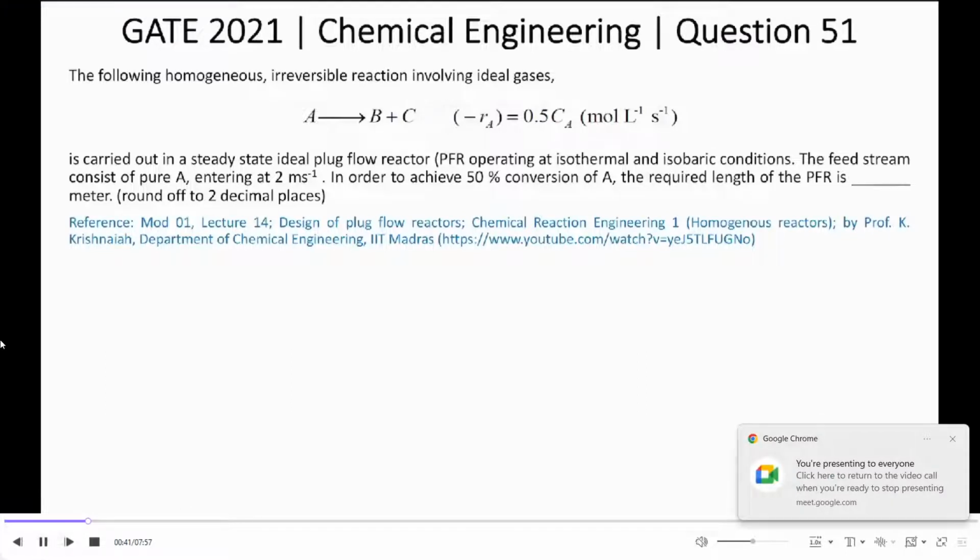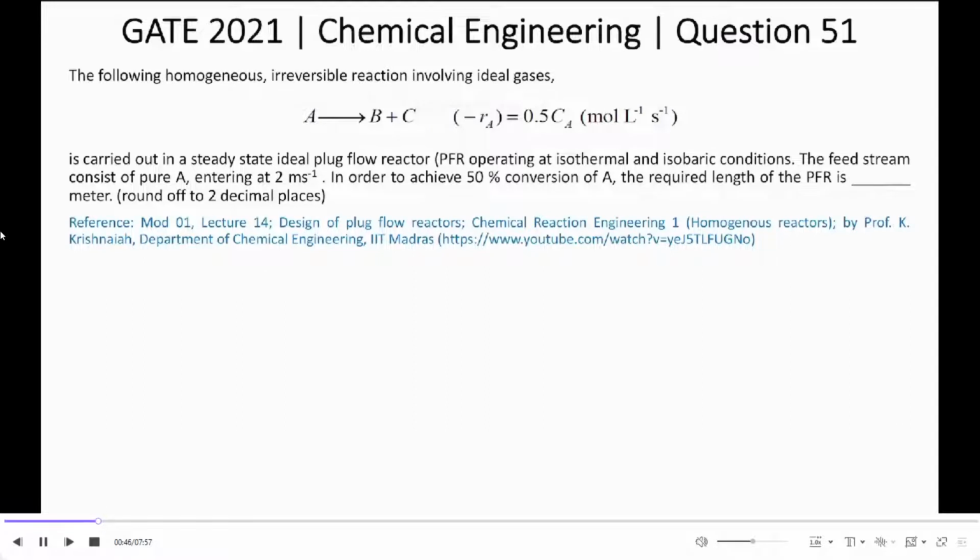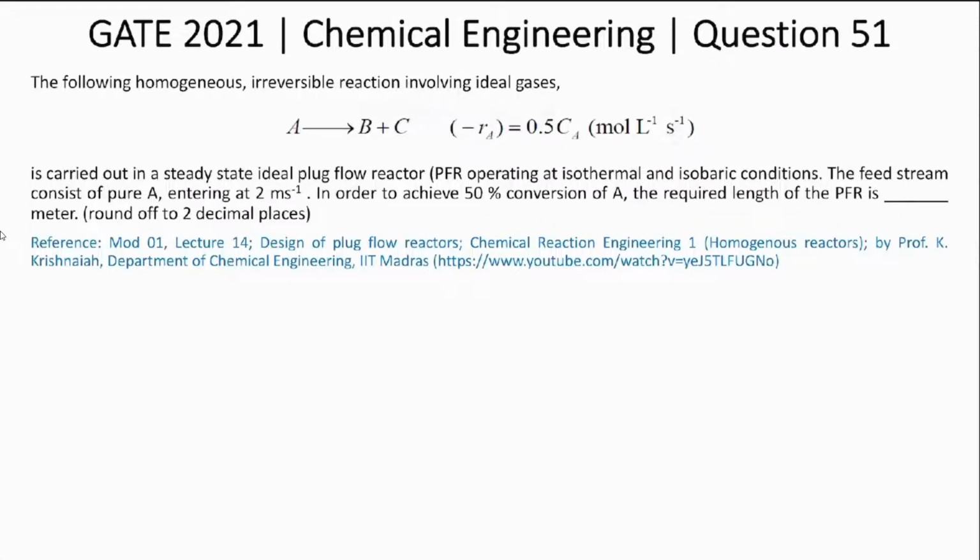So here also, it's basically a direct application question where you have to just apply the design equation for a PFR and substitute the values that you have been given, and you can find the required answer as well. So one thing we need to note, the difference between the previous question and this question, is that in the previous question, it was a constant volume system or a constant density system.